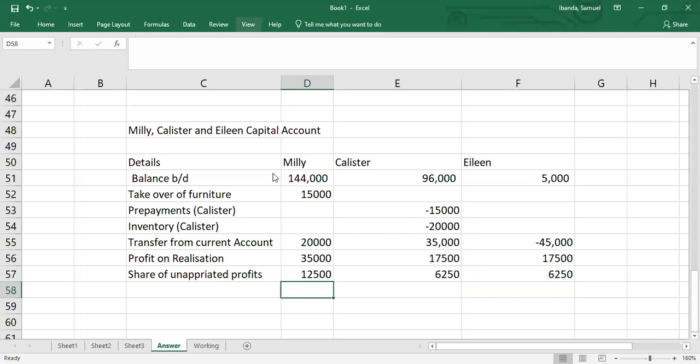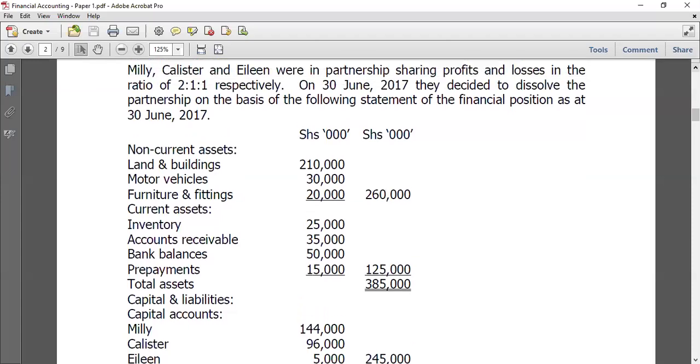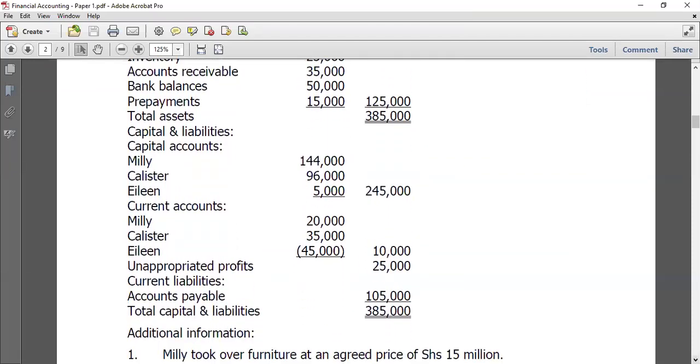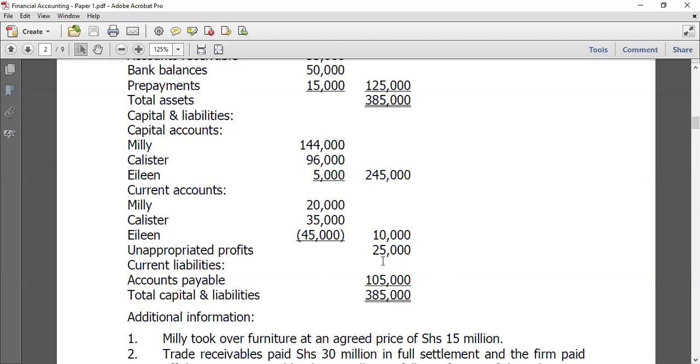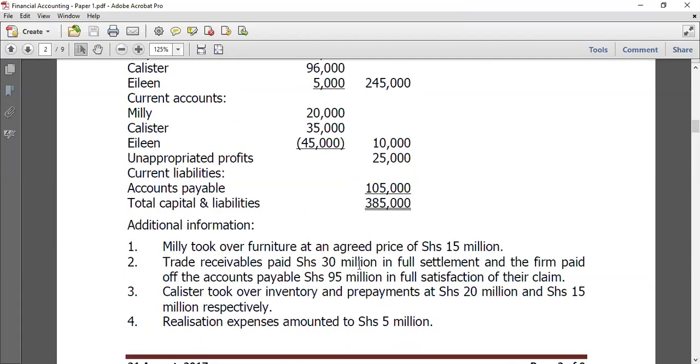So as you can see, if you look at this, we've moved everything to the other side, okay? We've moved assets, we've moved the current assets as well. We have also moved the current account to the capital account, okay? We've actioned this, we've also actioned this as well.